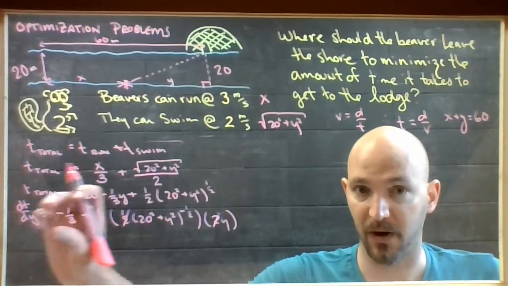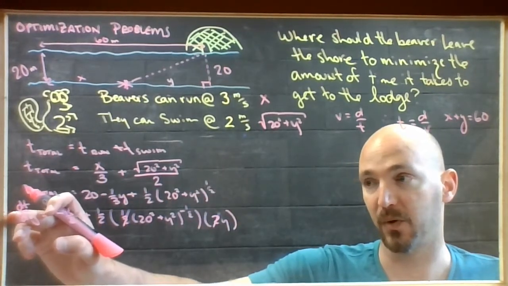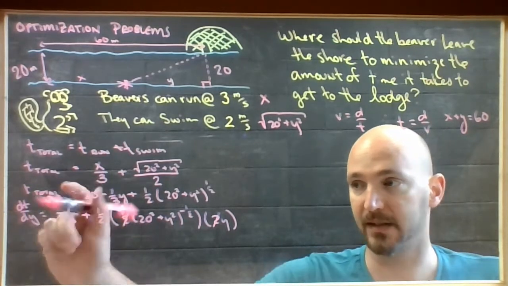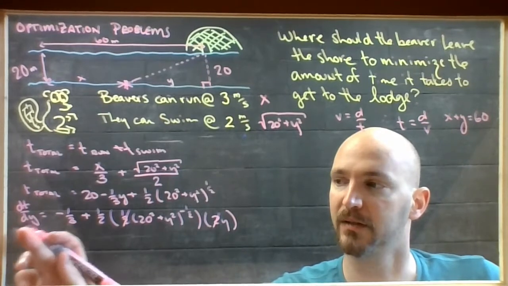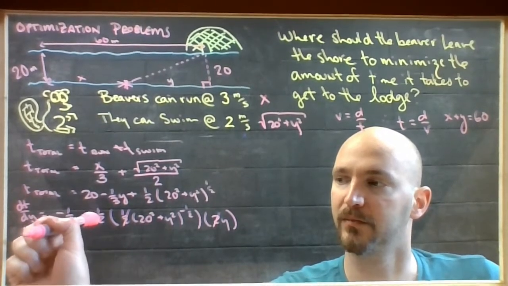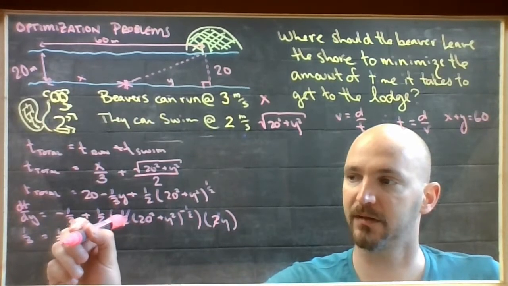It's a max-min problem, so this derivative has to be equal to 0 at a maximum or minimum point. So if this is 0, I'll kick that to the other side, end up with 1/3 equals. And let's see what's left here. I have a 1/2.